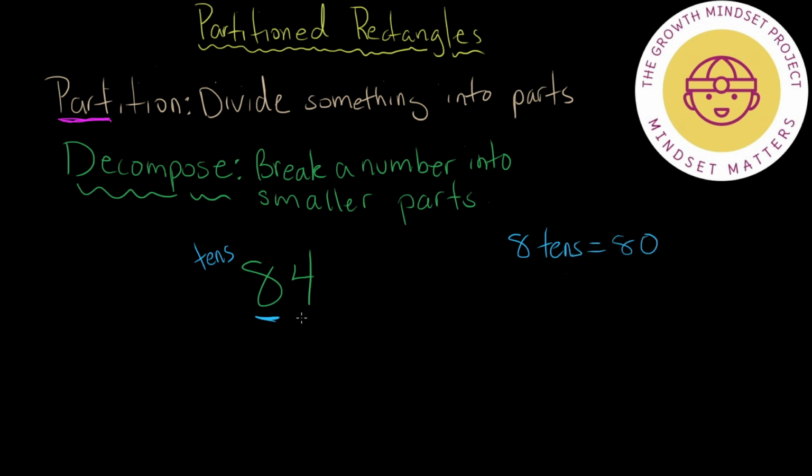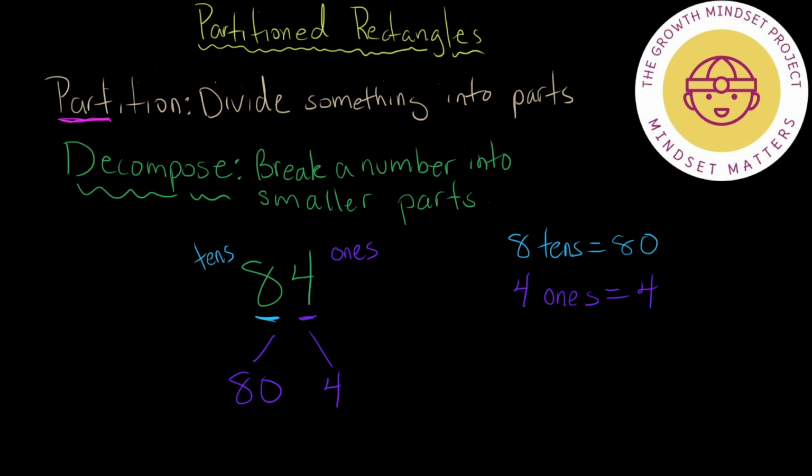And we know that this 4, well, that 4 is in the ones place. So that's really 4 ones, which we know is just 4. So if we were to look at this number, 84, we could decompose this number into smaller parts. We could say 84 is really just 80 plus 4. Okay, that's one way to do it.